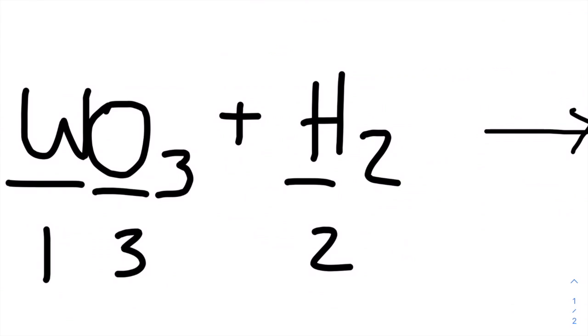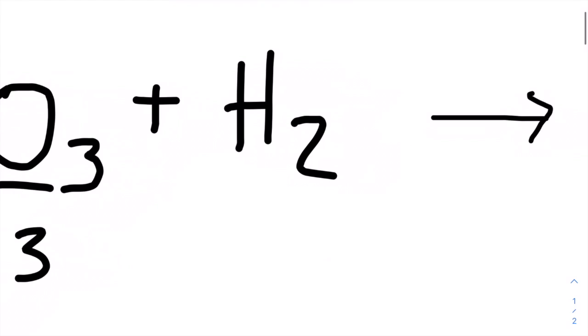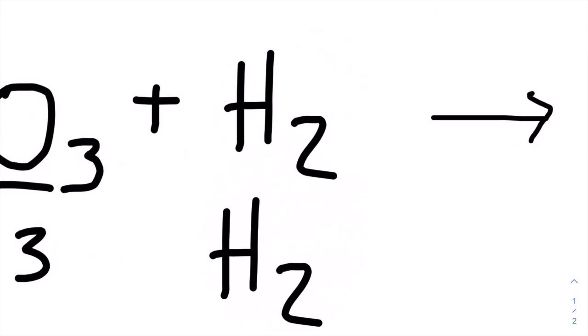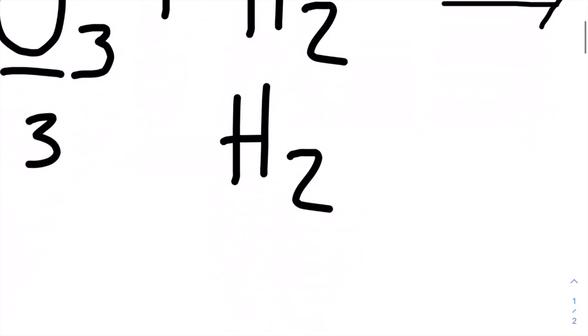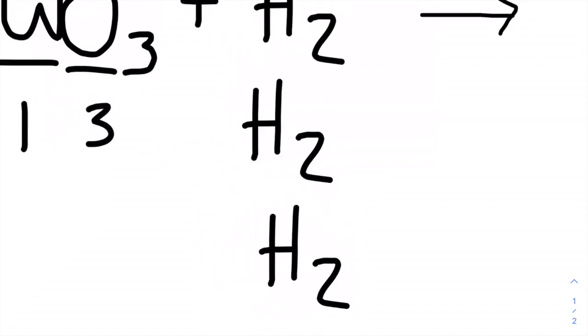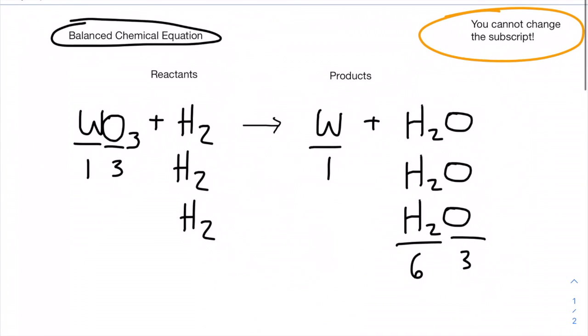And so the only thing we can do is just get more of this molecule altogether. So copy, paste. That would give me 4 hydrogens, but I think I need 6 if I'm remembering right. So let's add these up. 2, 4, 6 hydrogens. Let's see. This might be the golden ticket.